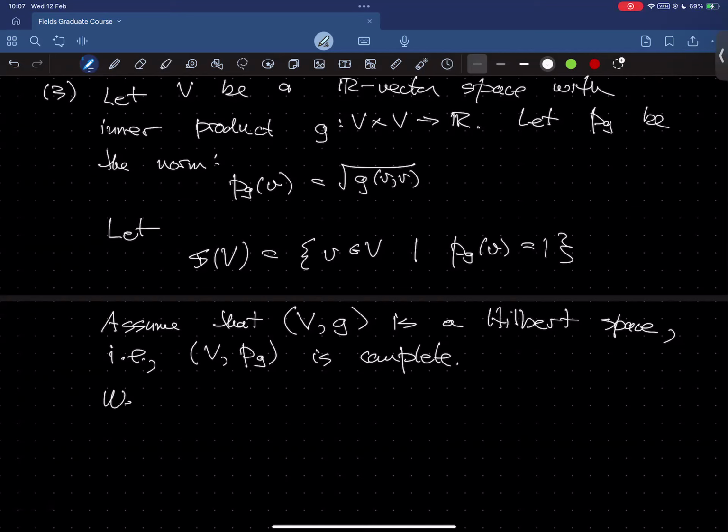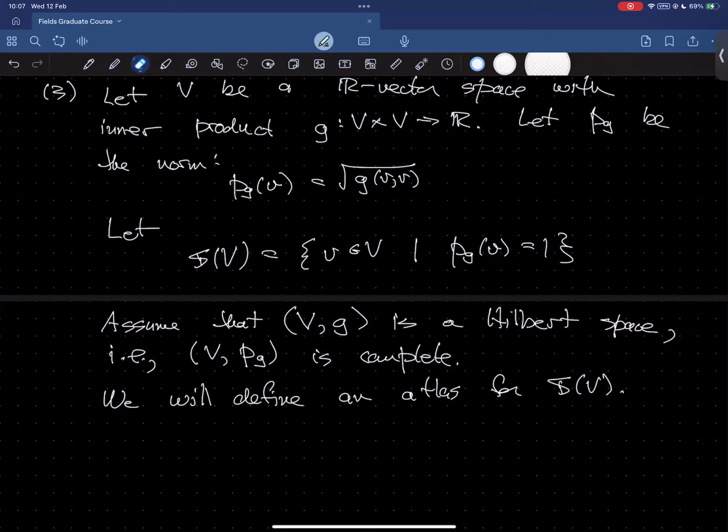We will define an atlas for S of V. Because this thing is possibly infinite dimensional, we're actually going to use a very large number of charts.